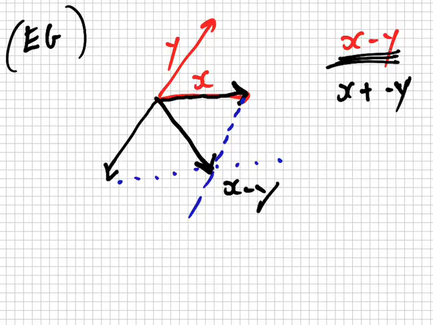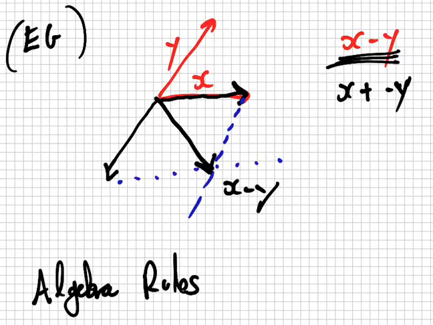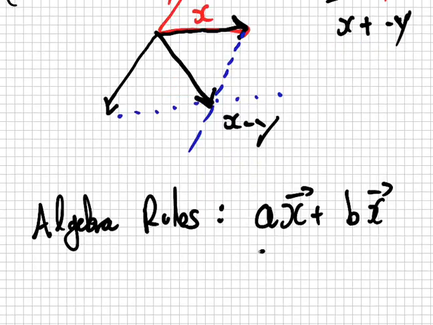You drew that? Yeah. Okay, and the last thing to say about this lesson is that we can use our algebra rules on vectors as well. Not all of them, but some of them. For example, if you have A of vector x and you want to add it to B of vector x, then that's the same as A plus B of x.